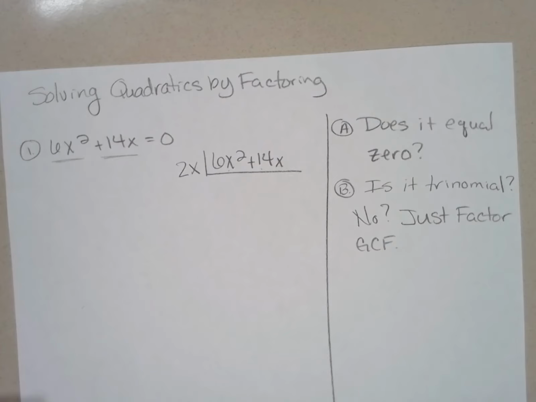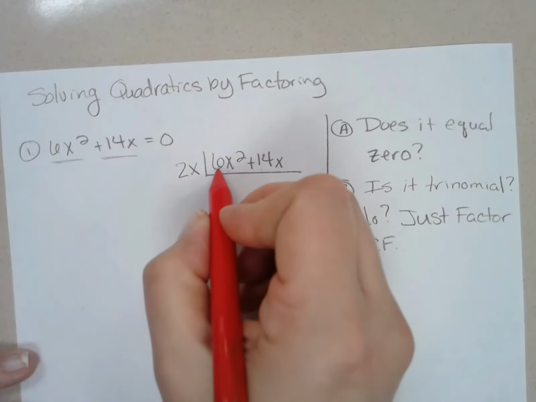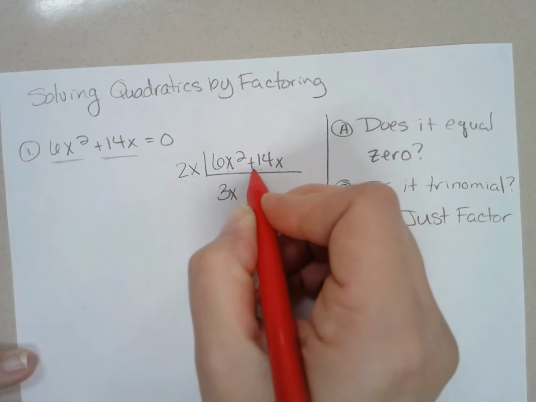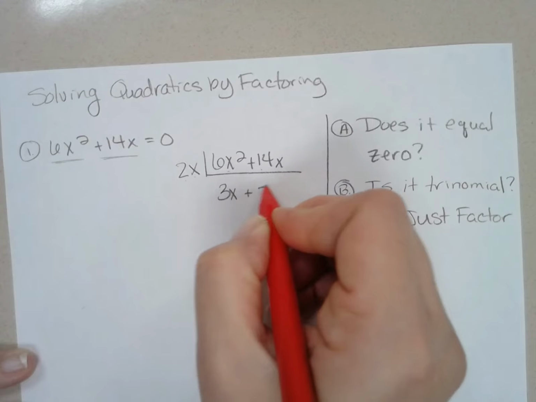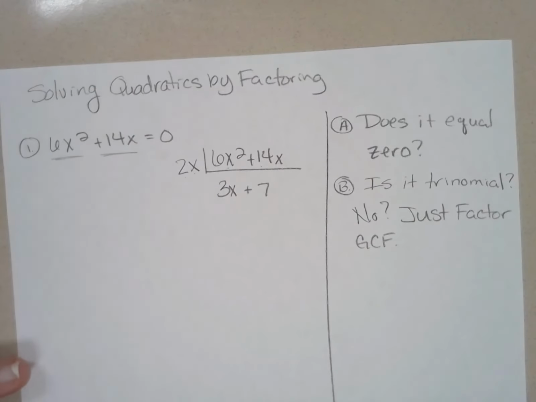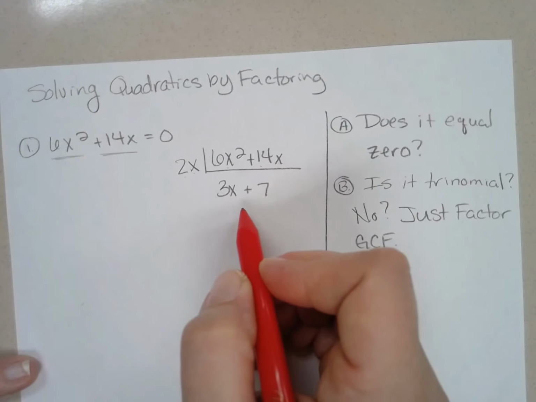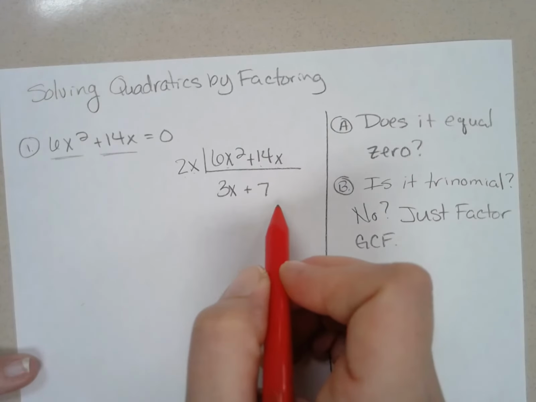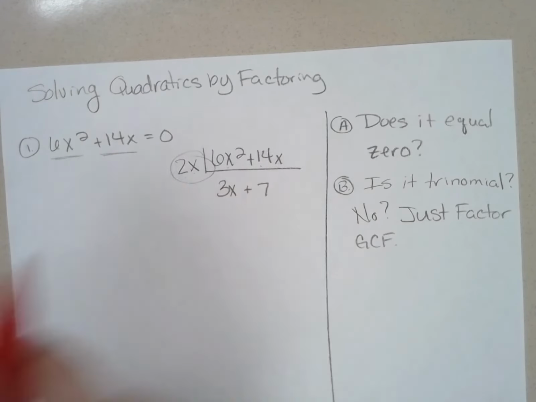I'm going to factor out 2x all at once just to save a little bit of writing. 6x squared divided by 2x is 3x, and 14x divided by 2 is 7. There is no prime number that goes into 3 and 7 at the same time. So this is our greatest common factor.